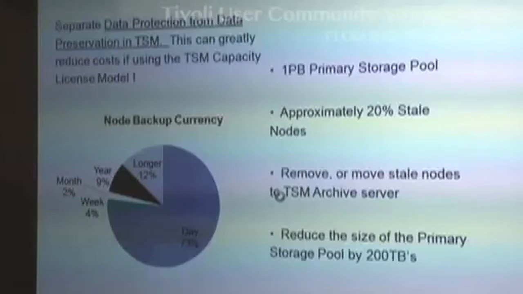This happens because machines are being backed up, they get decommissioned, new machines come in, and the TSM administrator is not in a position to delete those file spaces and nodes. And there isn't any communication or data governance model that flushes those systems out, or that old data. So what you have is this buildup of stale data in these storage pools.